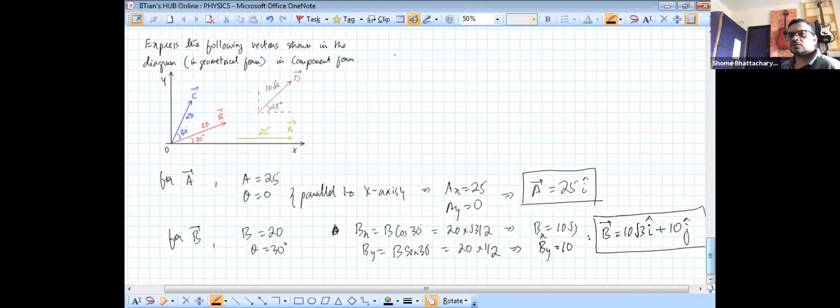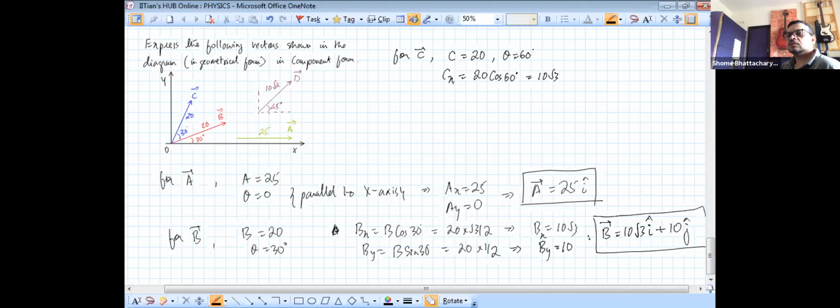So like this, you will see now for C, the magnitude of the vector is 20 again, but the angle with the x-axis is 60 degrees. So Cx will become 20 cos 60, which will be 10.